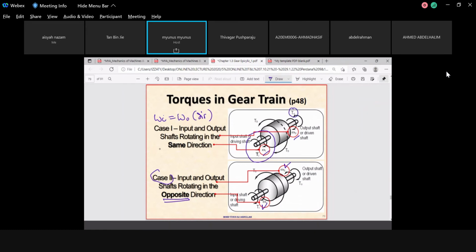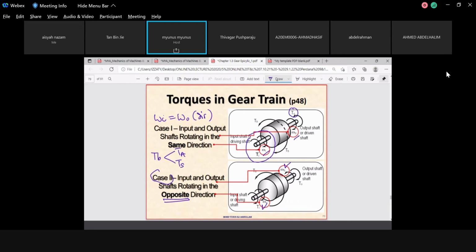So your aim now is to define TB. Remember TB? TB here could be what? This TB could be TA1 or TA2. It doesn't matter, right? It can be TA, at the top, it can be T at sun.